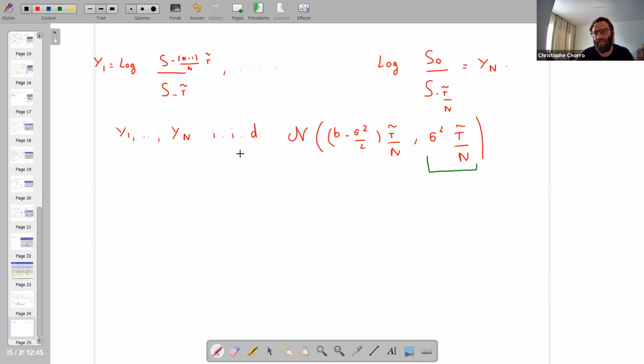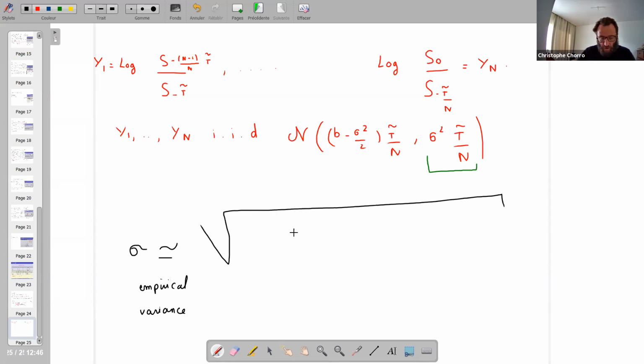So I know from statistics that I can approximate sigma, the volatility, using the empirical variance this way. It's the square root of, well, I write the formula.